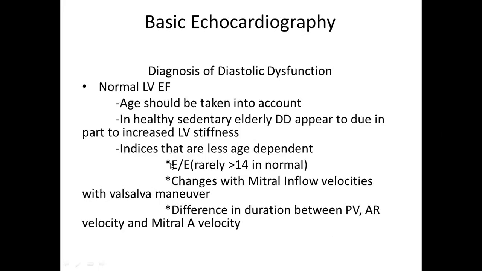Okay, and as mentioned before, the index that is less age dependent is your E/E prime. If your E/E prime is greater than 14, it's rarely going to be in a normal individual. Changes in the mitral inflow velocity with Valsalva maneuver: remember what we said, if you get more than 50% decrease in your E velocity, that's not going to be due to aging.